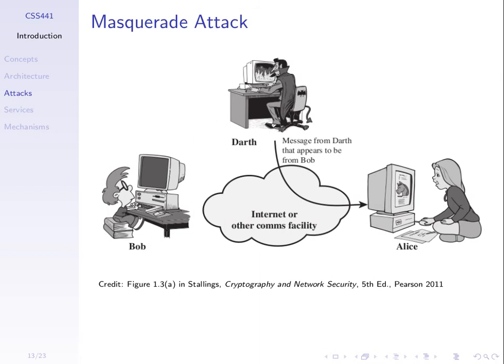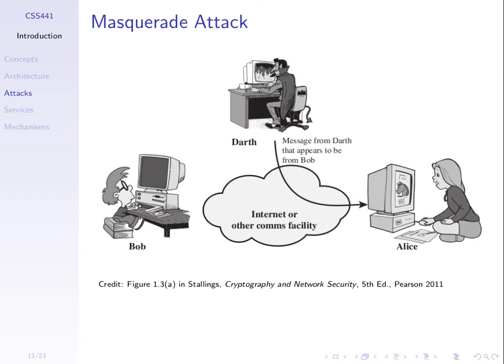What Darth, the attacker, does is create a message saying, please increase Darth's salary by 10,000 baht. So Darth sends a message to Alice saying, please increase the salary of Darth by 10,000 baht, and makes it look like the message came from the director, Bob.